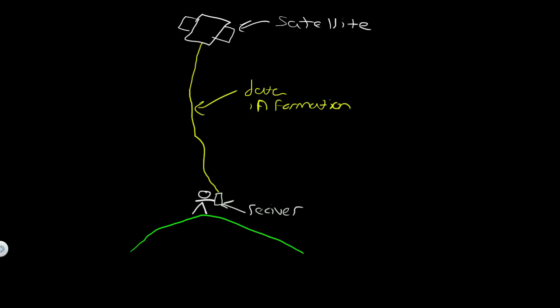And if we want to put slightly more formal terms to this, we say the satellite, or satellites, because there's more than one. We'll talk about that in the next video. But satellites, we more broadly refer to as the space segment.